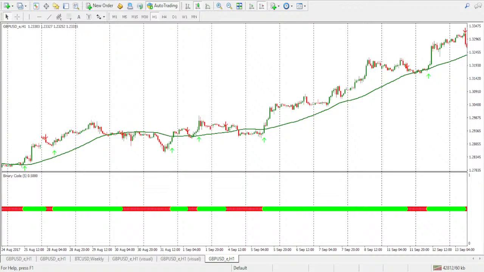Today is 11th of May. So I'd like us to start off our analysis with the chart on my screen. This is GBP USD. Give me a moment.